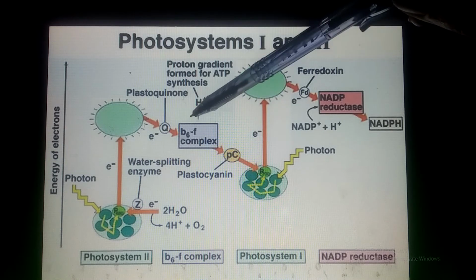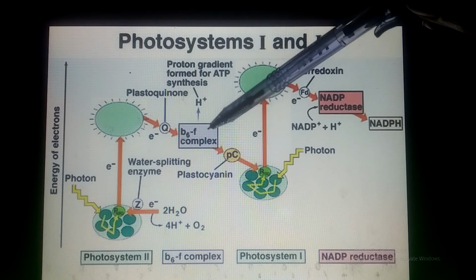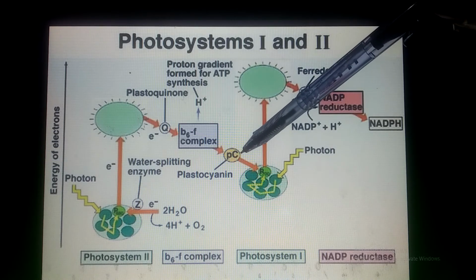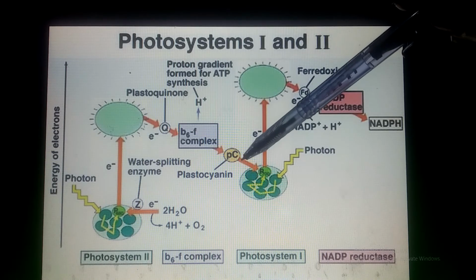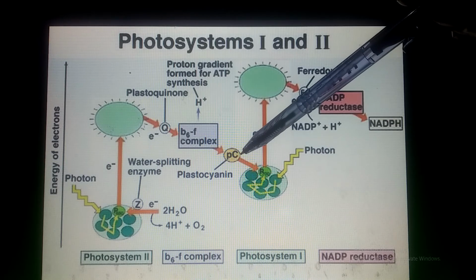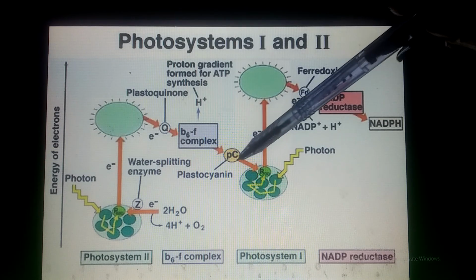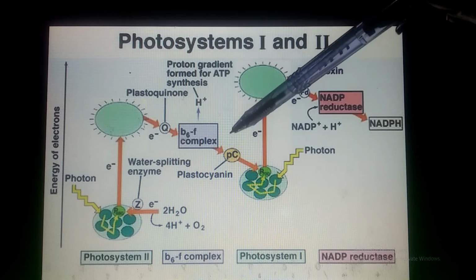Okay, now from the B and F complex, the cytochromes complex, the electrons move towards the next electron carrier, which is the plastocyanin. Now plastocyanin accepts these electrons and becomes reduced. Now what will happen?